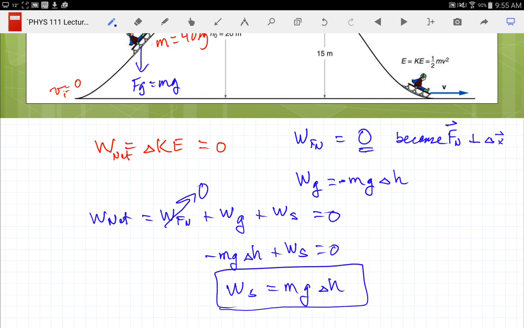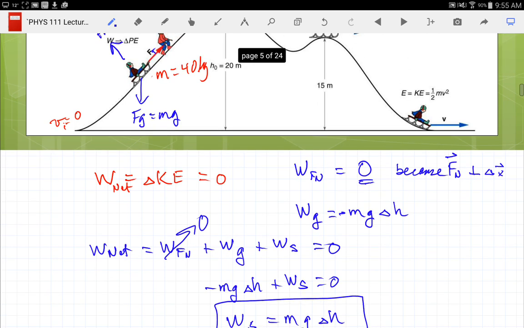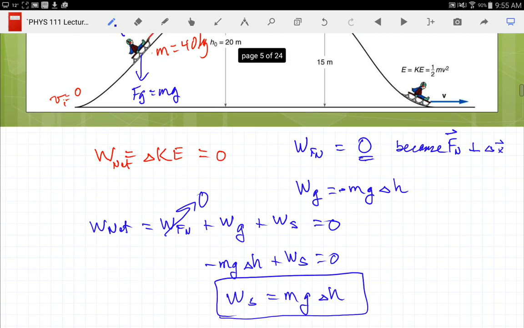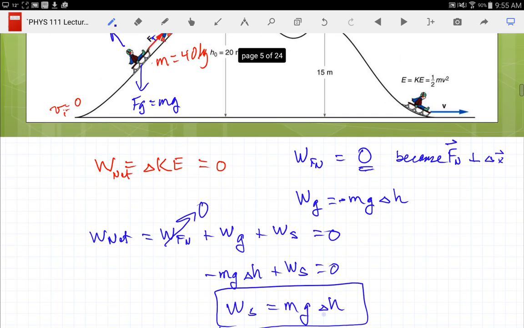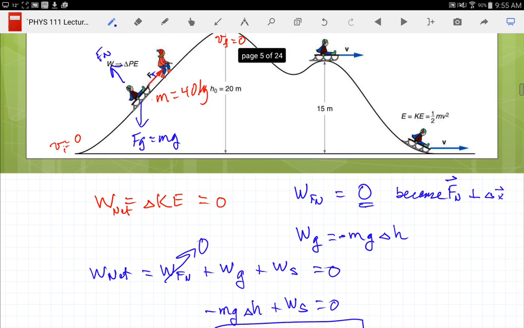So I know the amount of work she's going to have to do to get him to the top is just his mass, which I said was 40 kilograms, multiplied by g. To make my life easy, let's use 10 meters per second squared here. So multiply that by 10, so that's 400. And then multiply it by the change in height, which is 20 meters. 400 times 20 is 8,000.